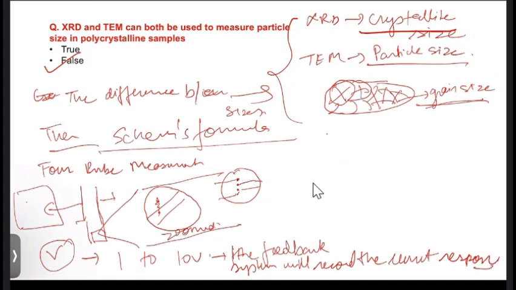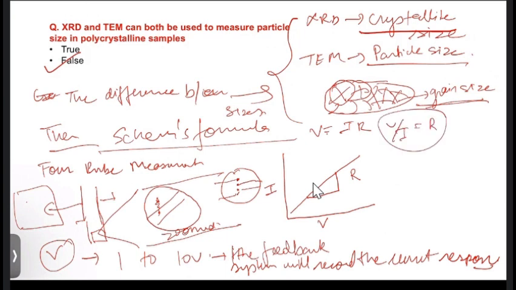Okay, and you will see you will get a straight line, I versus V. The slope will give you the resistance, because we know V is equal to IR. V by I will give you resistance, and resistance is dependent upon the resistivity.